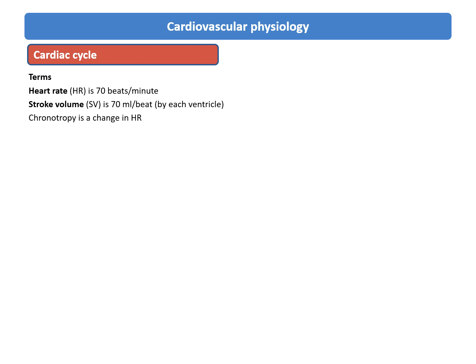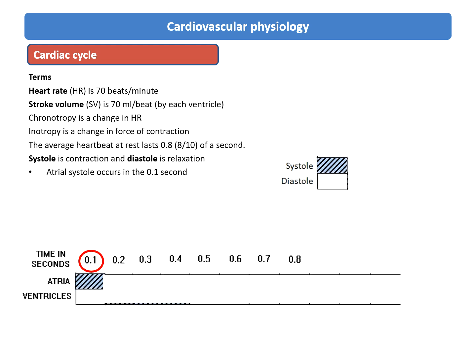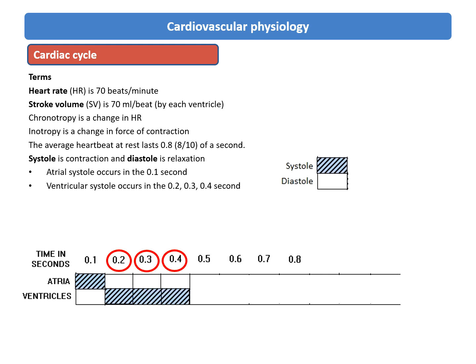Chronotropy is a change in heart rate. Inotropy is a change in force of contraction. The average heartbeat at rest lasts roughly 0.8 of a second. Systole is contraction, and diastole is relaxation. Atrial systole occurs in the first tenth of a second of the cardiac cycle.